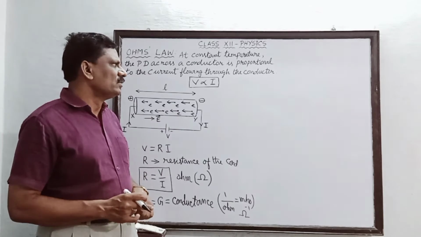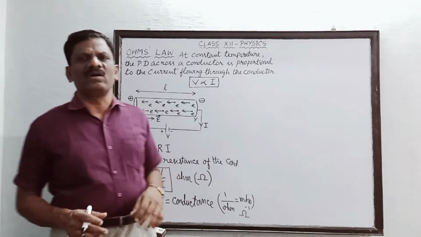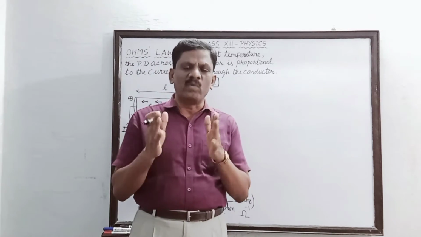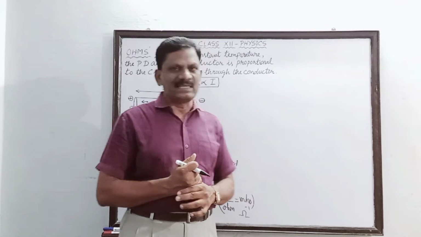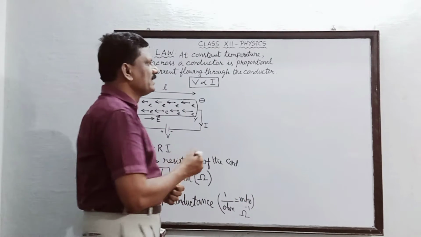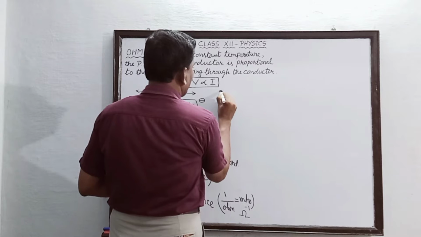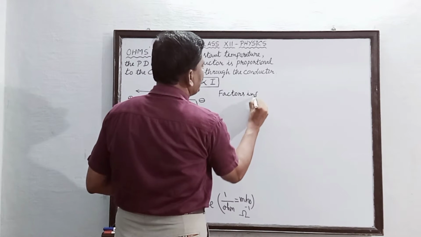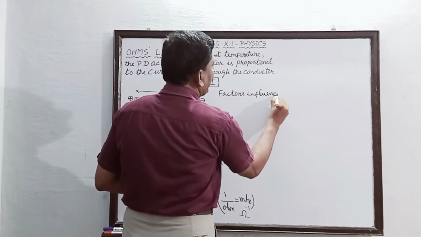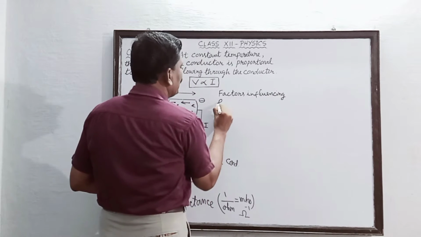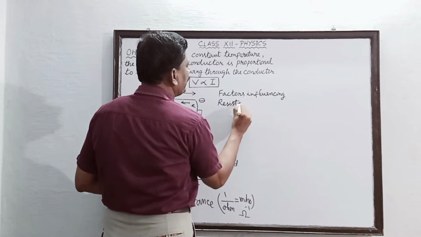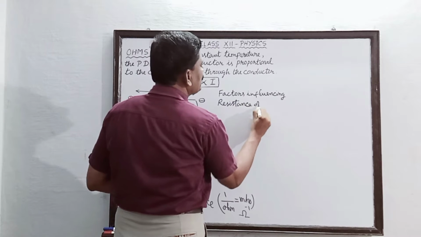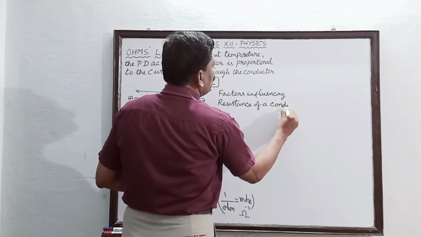Now, there are some factors on which the resistance of a wire or conductor depends. So that is the next topic we are going to study, the factors influencing resistance of a conductor.